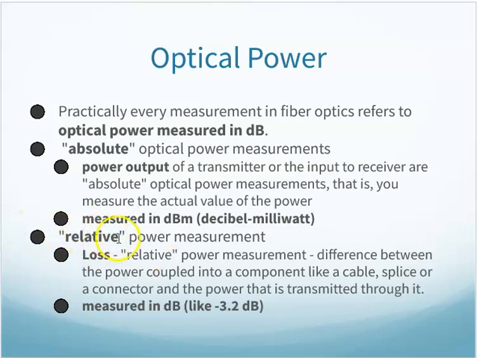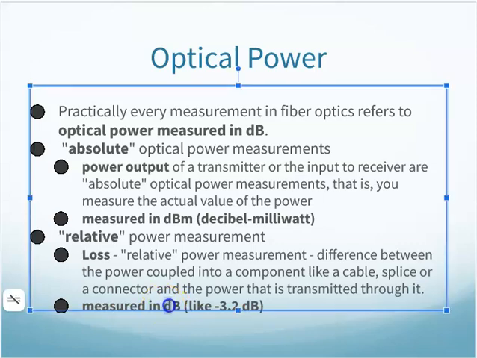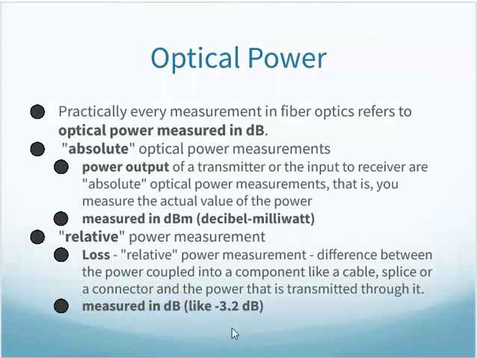So it's like the strong power minus the power on the other end. That's how much loss we had. The relative measurement for loss is usually just represented in decibels, and it's usually a negative 0.3, negative 0.4, negative 0.5 kind of thing, signal loss.